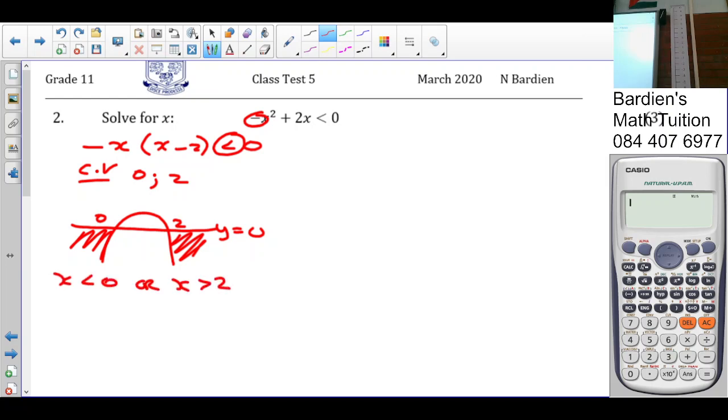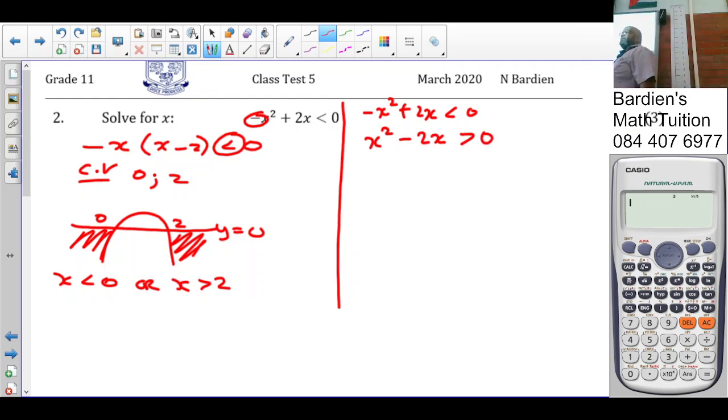There we go. Otherwise, looking at the way we normally do it, we first divide by negative. It gives you x squared minus 2x. Remember, when you're dividing by a negative, the inequality swaps around. Okay? x is a common factor. If x times x minus 2 is greater than 0, your critical values are 0 and 2. Do not say x equals 2 or x equals 0 there.